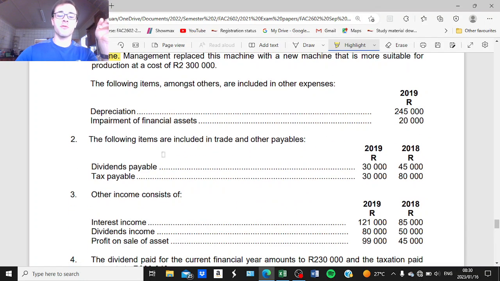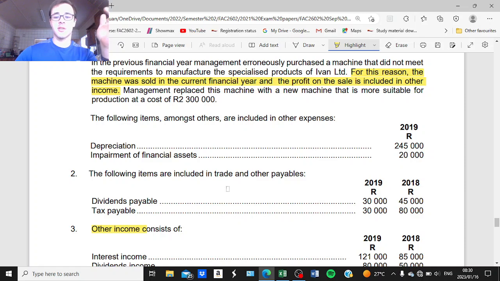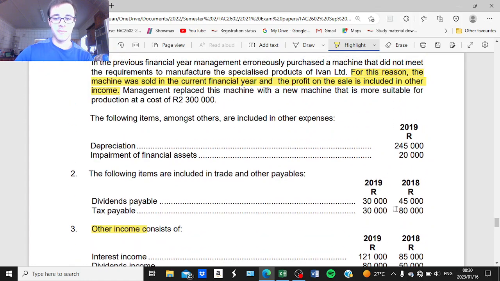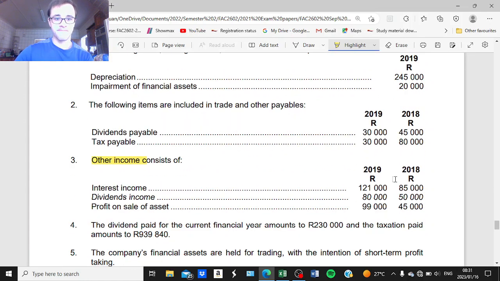Now, if we go to additional information point 3, we will see that there is a profit on sale of asset, which just confirms equipment and machinery that was sold. All right. So profit on sale of machinery amounted to 99,000 for the current financial year. Okay, we ignore the figure for the previous year.